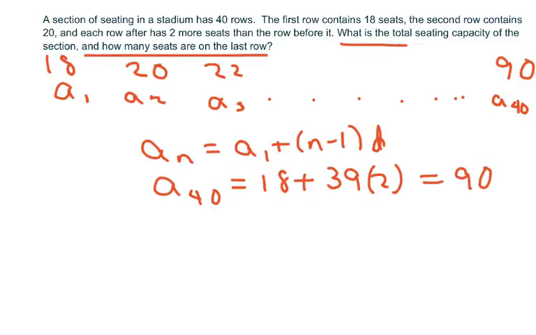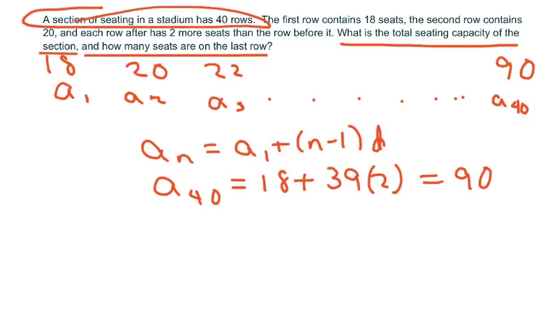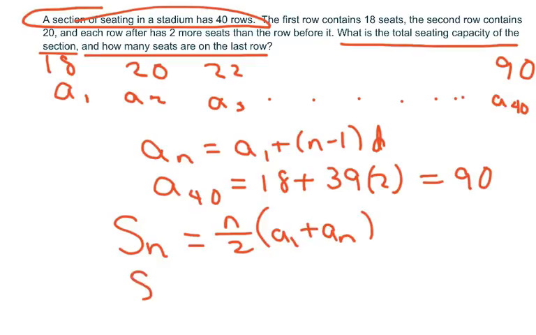Now, what's the total seating capacity of this whole section? So the whole thing. So I use my sum formula. For my total capacity, I have 40 rows.